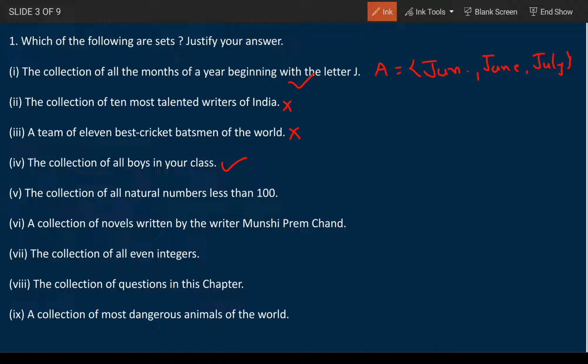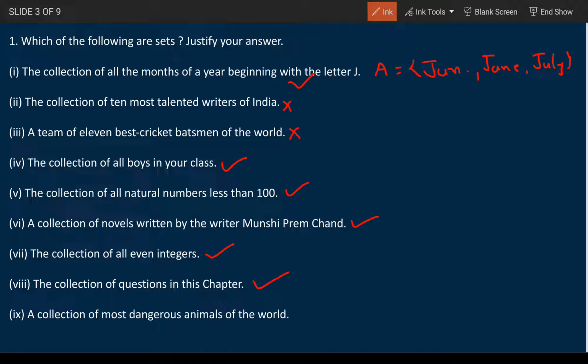The collection of natural numbers less than 100 is also a set. A collection of novels written by Munshi Premchand is also a set. The collection of all even integers is also a set. The collection of all the questions of this chapter is also a set.